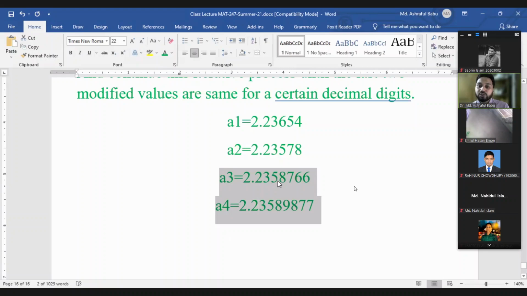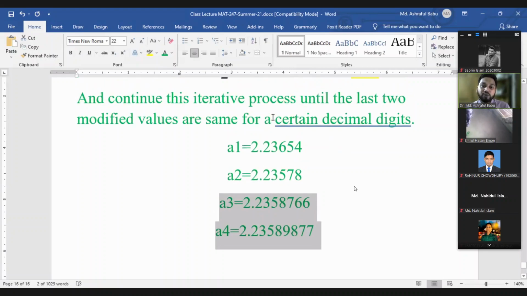It will be mentioned in your question whether to correct up to the 3rd or 4th decimal place. If it is not mentioned, keep in your mind, okay?